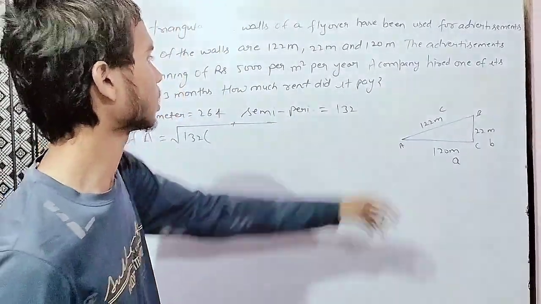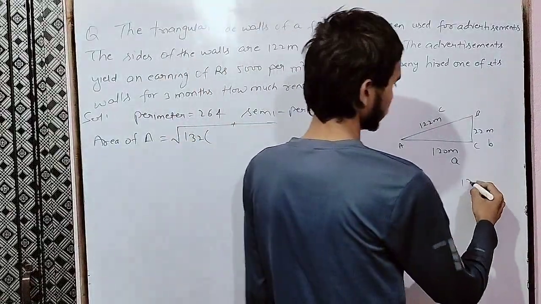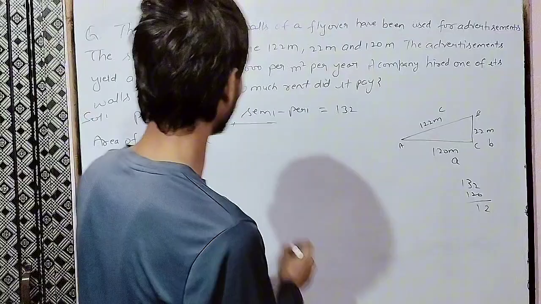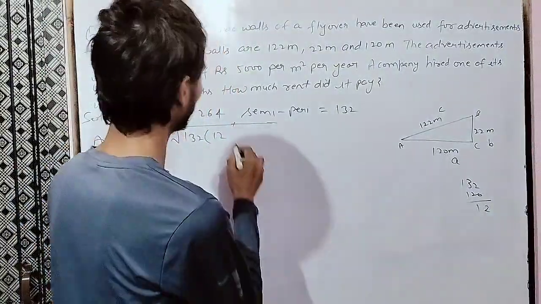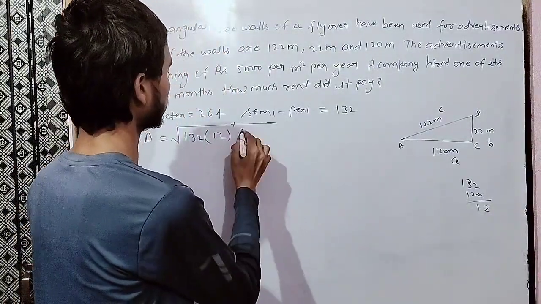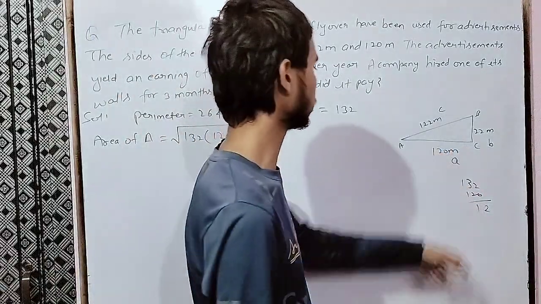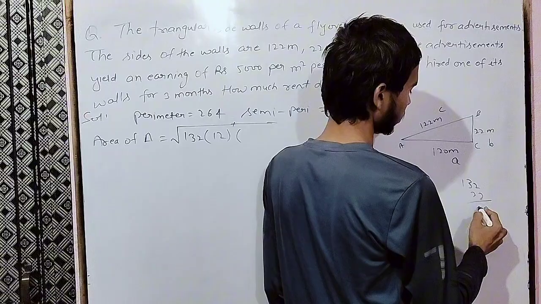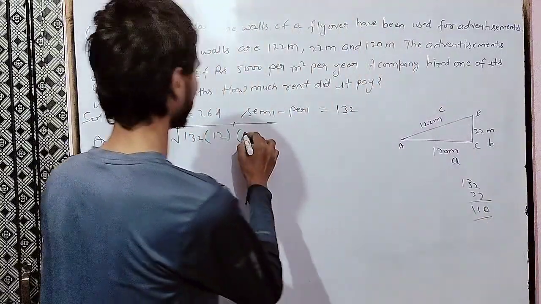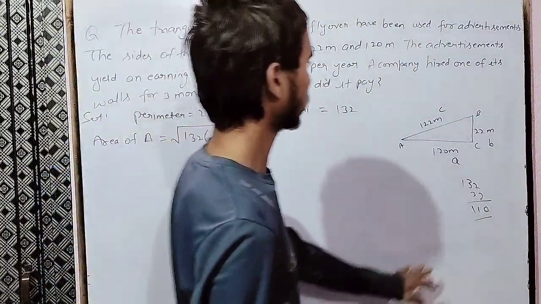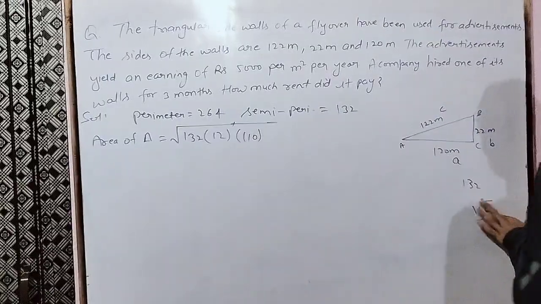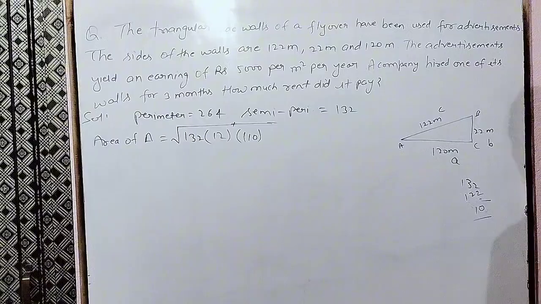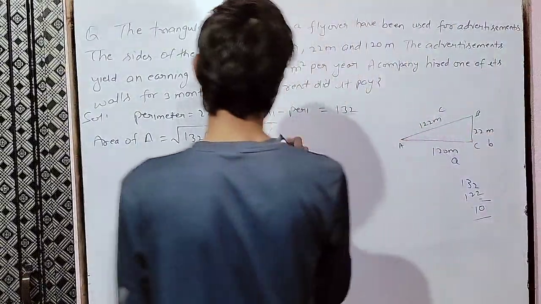132 minus 120 will be 12. Then 132 minus 22 will be how much? 110. Now 132 minus 122 will be only 10.